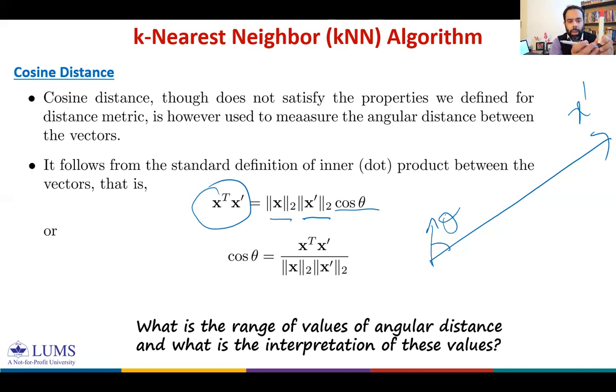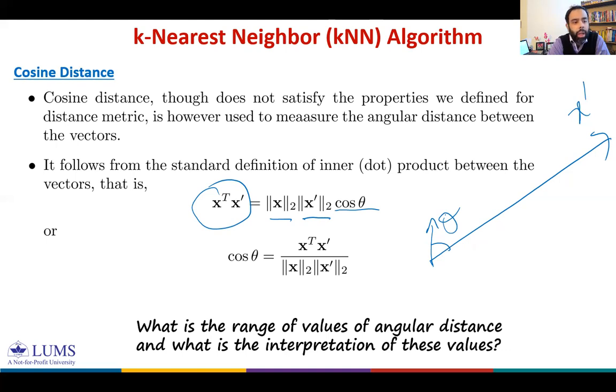When they are orthogonal, the cosine distance is 0. When the angle is 180 degrees, pi radians, the cosine would be minus 1. So minus 1, 0, 1, and then it starts changing again from minus 1 toward 0 if you keep on going. So that was a quick overview of the cosine distance.